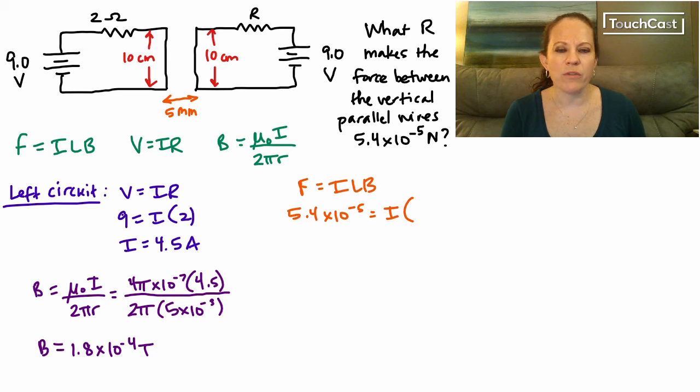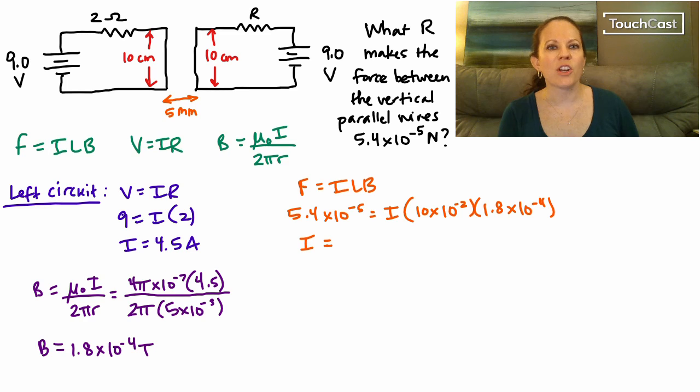And we're finding the amount of current that's going to feel this force in the right-hand circuit. Our length was given as 10 centimeters, which we need to make into meters. So 10 times 10 to the negative 2nd meters. And the magnetic field strength of 1.8 times 10 to the negative 4th teslas we just calculated. So our handy-dandy calculator will tell us that the current in that right-hand circuit must be 3 amperes.